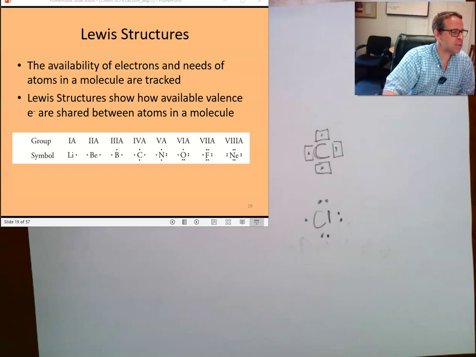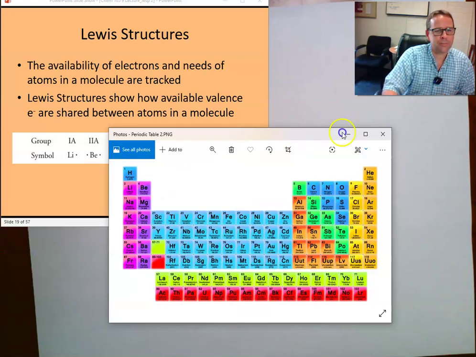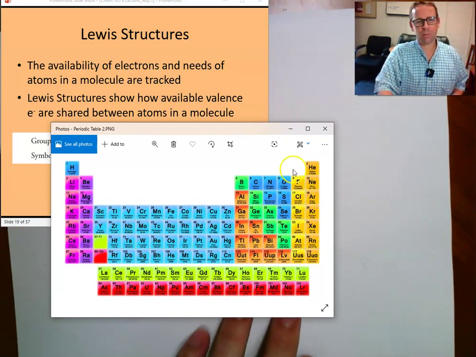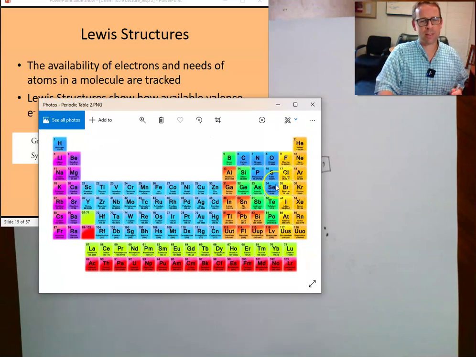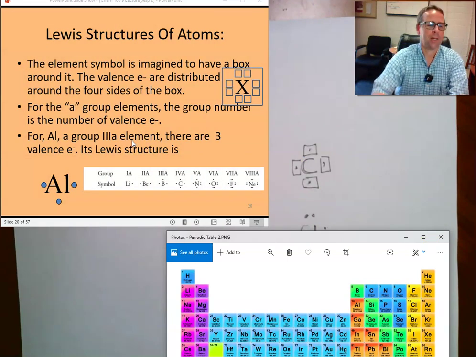Iodine, there it is. 1, 2, 3, 4, 5, 6, 7 electrons because it's in the 7th column. Okay? Very good. So, the column number that it's in indicates the number of valence electrons, and we distribute the valence electrons as shown here. Okay.